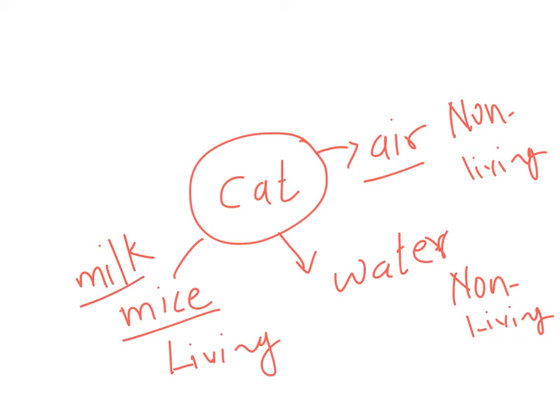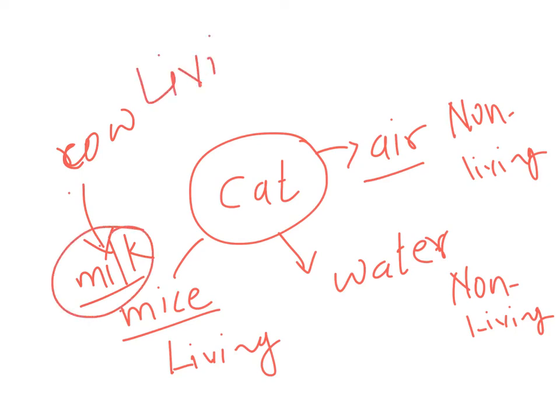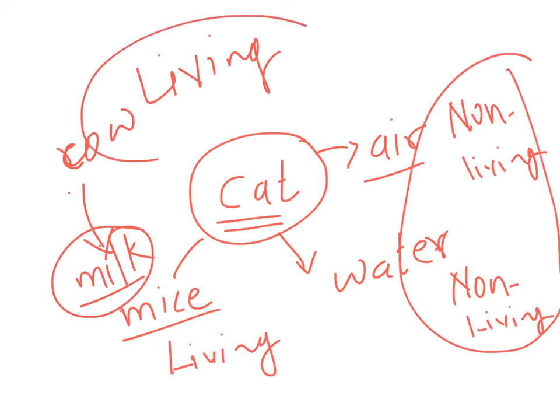And milk is again a non-living thing, but we get milk from a cow. So we get this milk from a living thing. So for a cat to live, it needs non-living things and it needs living things.